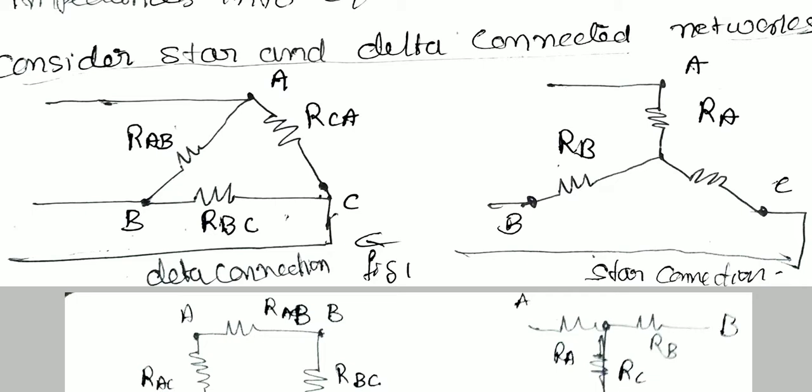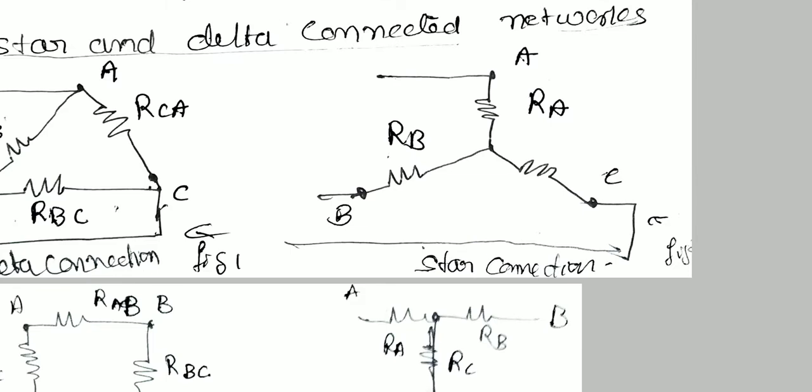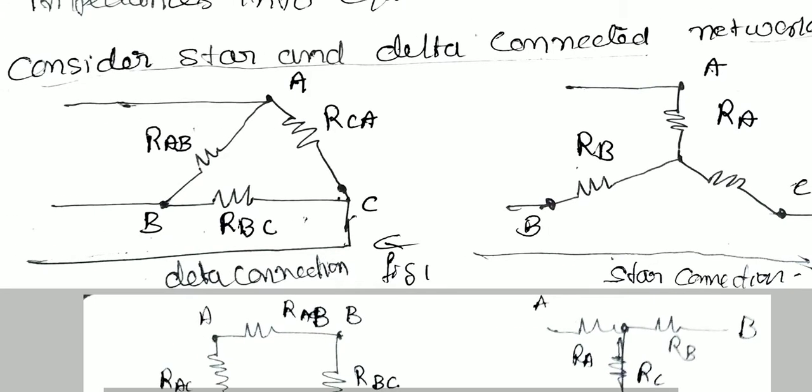On the star side, if I want to move from A to B, I have to go through RA, then RB. There is only one path between A and B in the star network, RA and RB. The paths present between A and B in the delta network are one through RAB and another through RCA plus RBC.